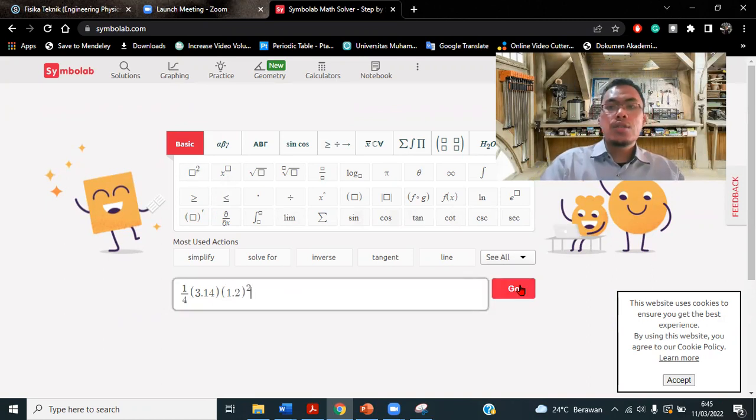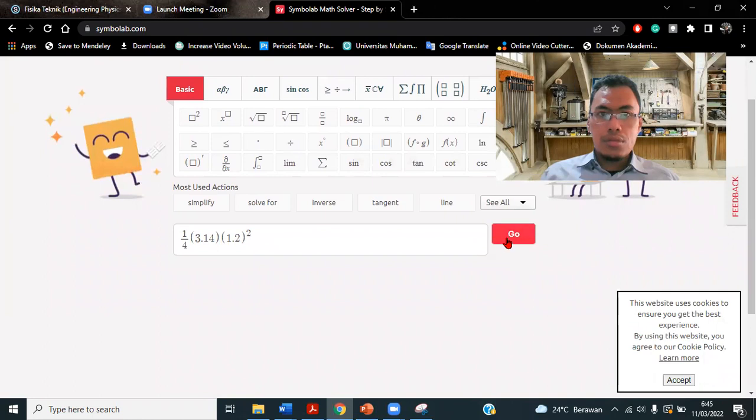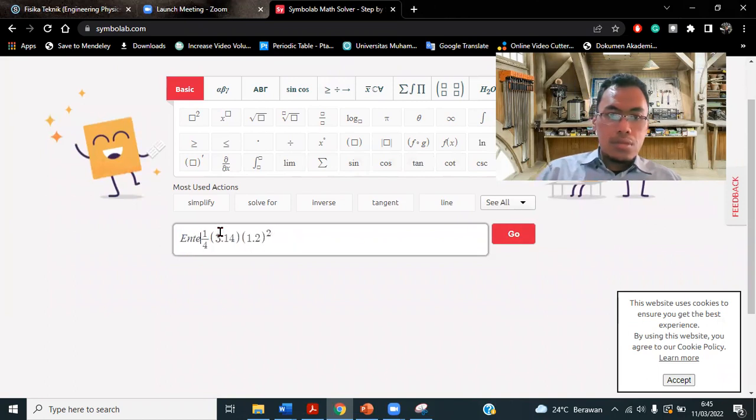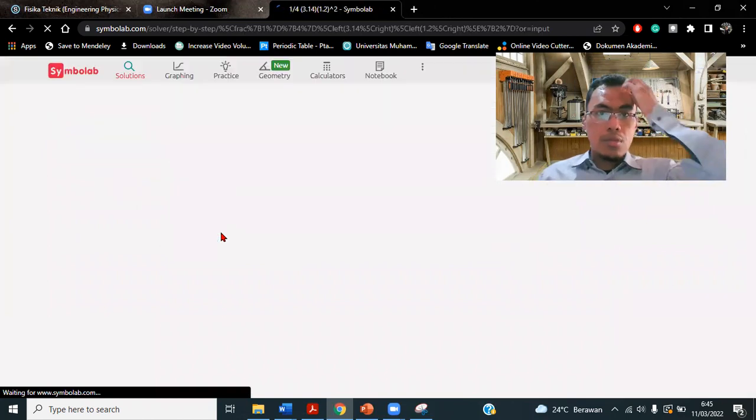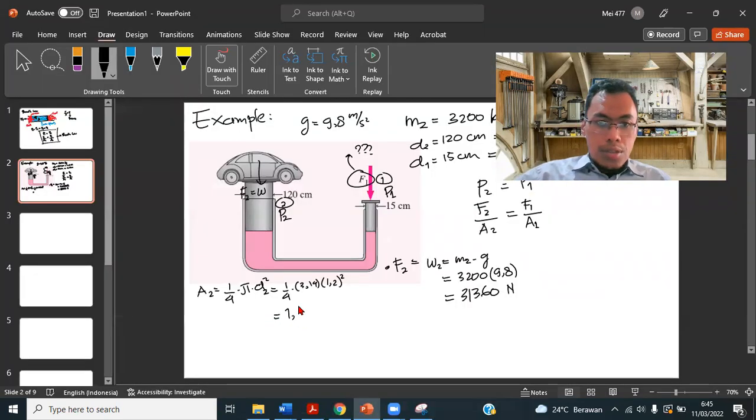Let's find the answer. So I got 1.13 meter square.